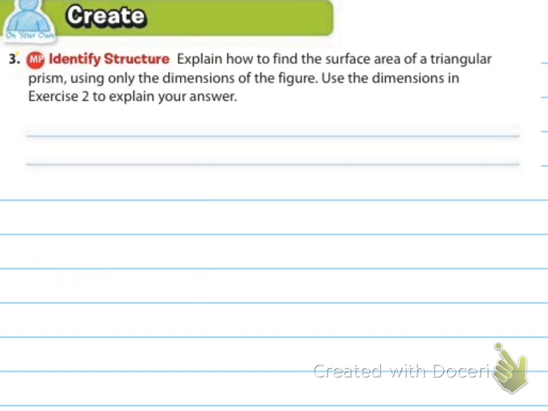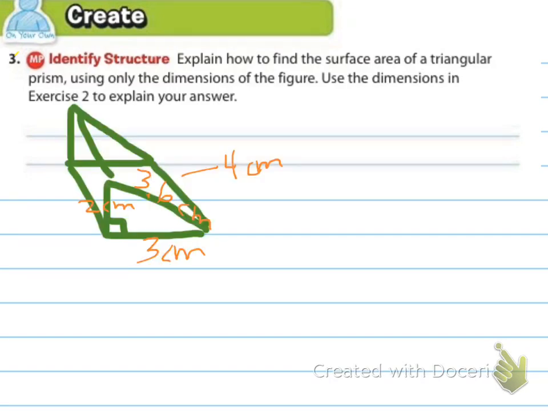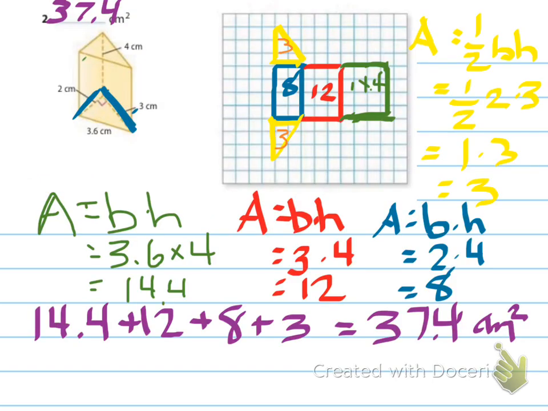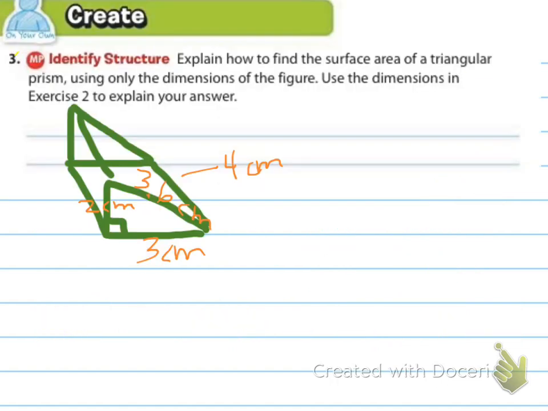So let me make my amazing drawing again of a triangular prism. All right, so I drew a picture of the prism from the previous exercise, and I did it in a different way, but it's all the same dimensions. And what I noticed is, okay, we're trying to come up with a formula or something, or I'm trying to tell you how to do this.